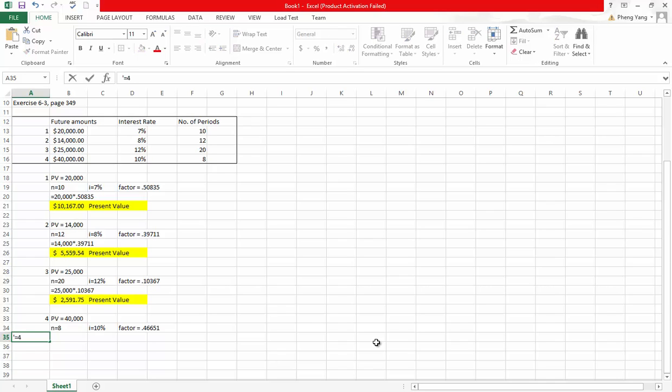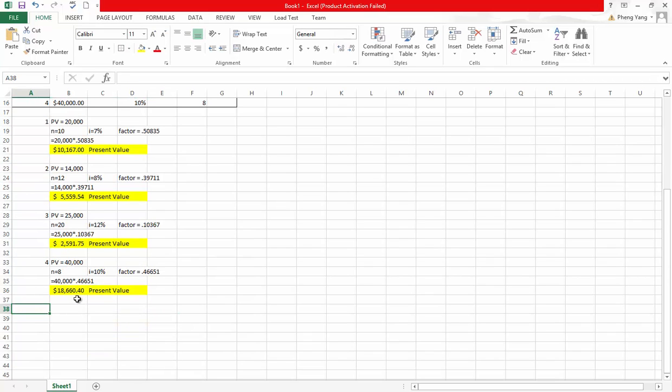My formula is going to look like this, 40,000 times 0.46651. I'm going to do the calculation, and my present value of that 40,000 here today is $18,660.40.